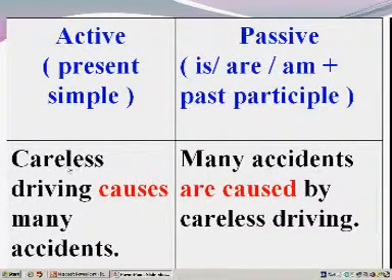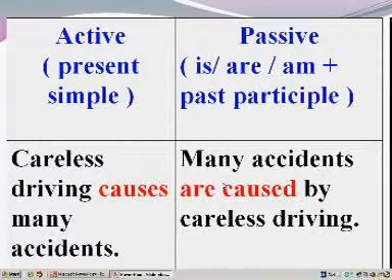Okay? So, careless driving causes many accidents. Many accidents here is the object of the sentence. So we start the passive form of the sentence with the object, which is many accidents. Then we use one of these verbs, is, are, or am. But how are we going to choose which one of these?